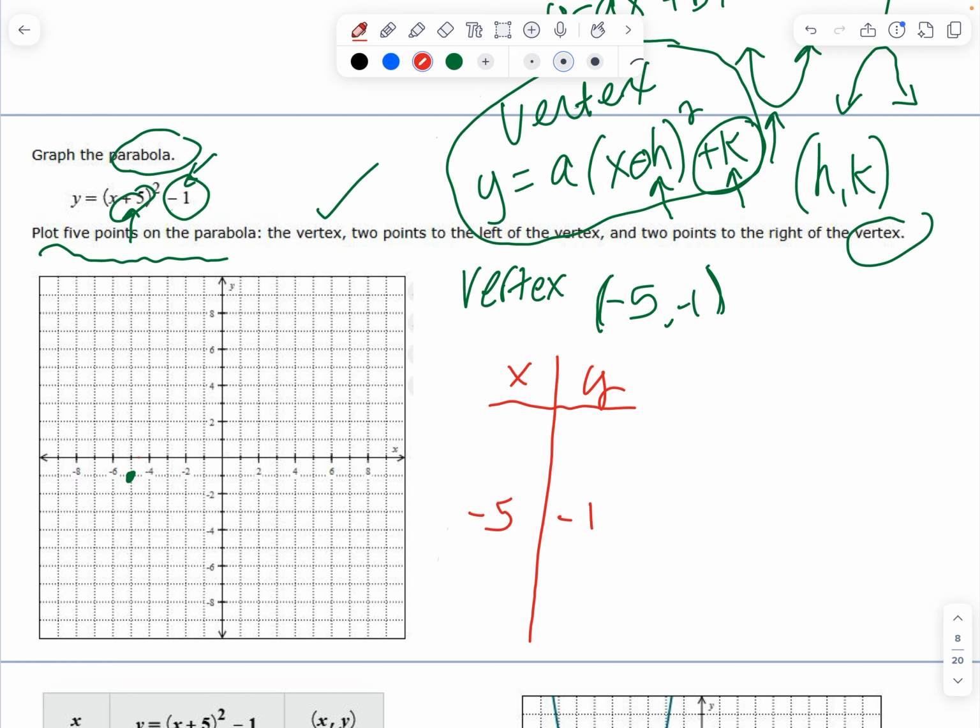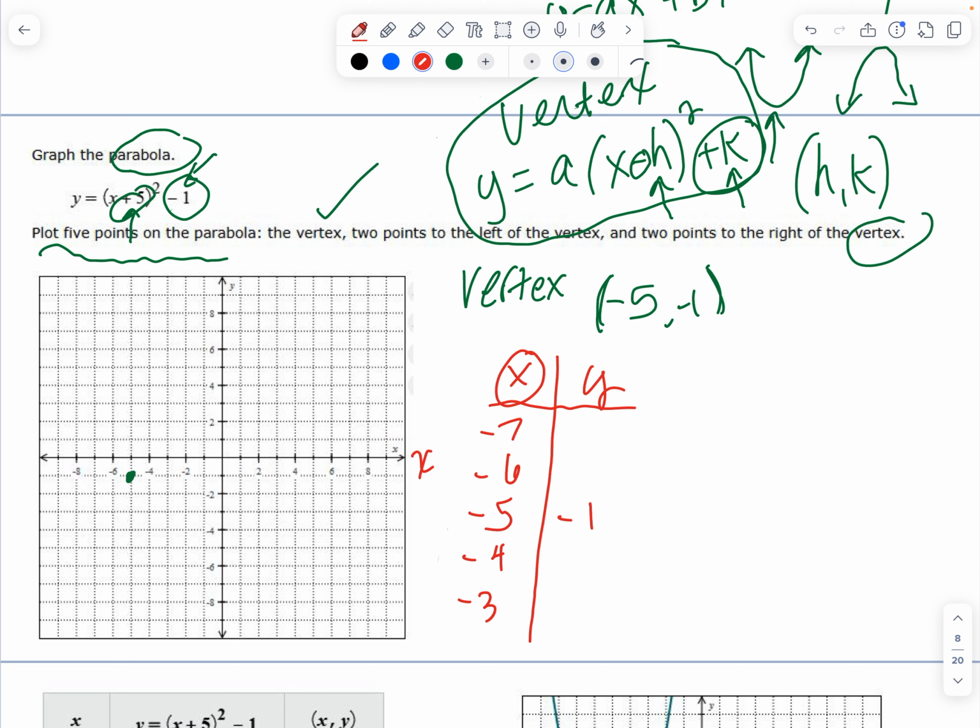To the left of the vertex, x would be -6 and -7. And to the right of -5 would be -4 and -3.